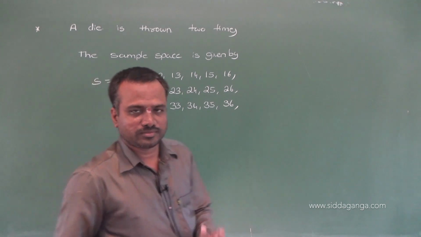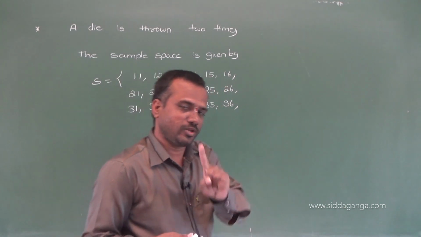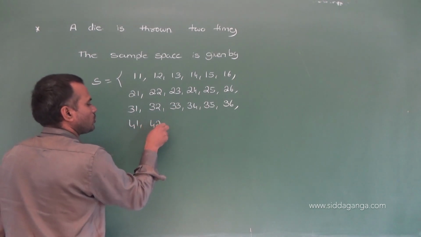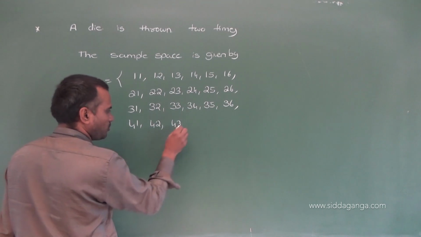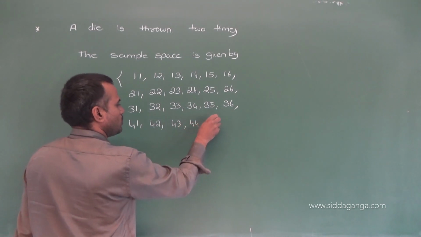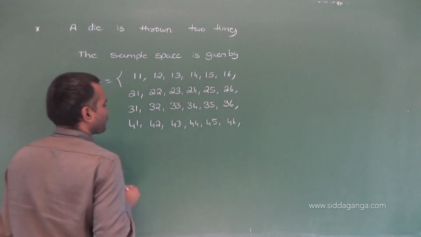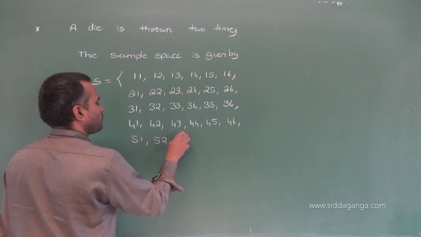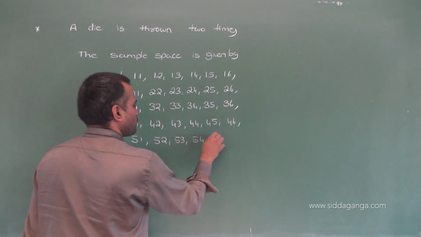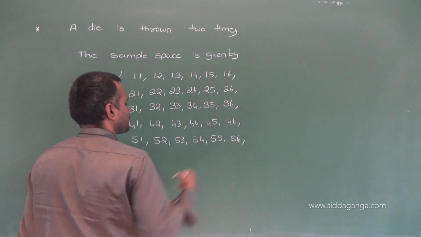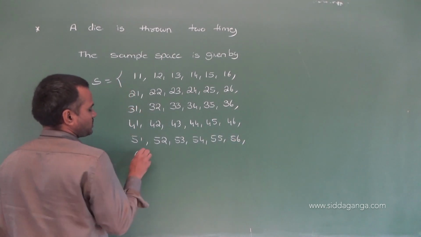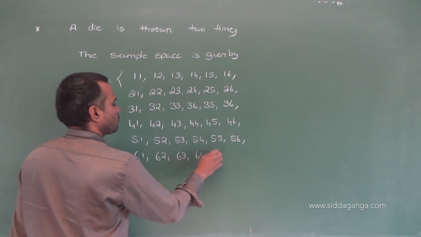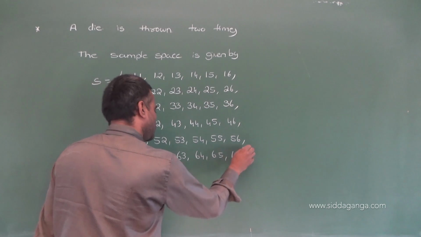And write the comma, that is very important because you know sets very well. Next, 4 in the first place: (4,1), (4,2), (4,3), (4,4), (4,5), (4,6). Next, (5,1), (5,2), (5,3), (5,4), (5,5), (5,6). Lastly, 6 in the first place: (6,1), (6,2), (6,3), (6,4), (6,5), (6,6).